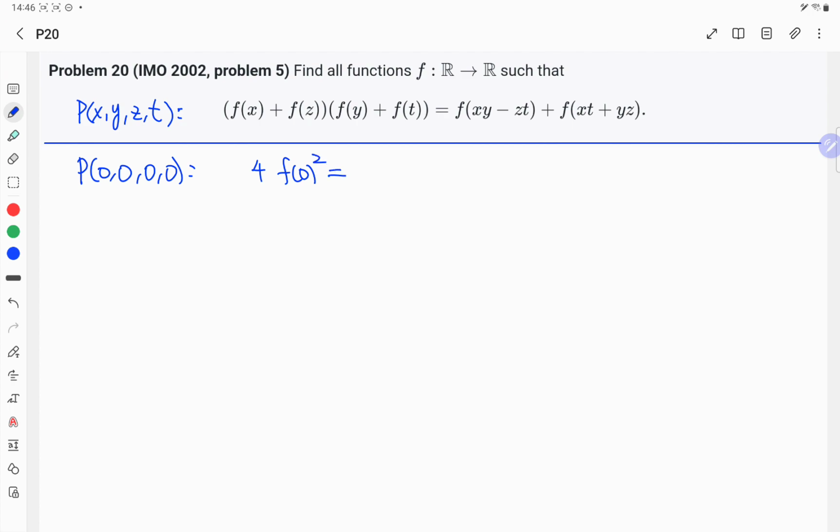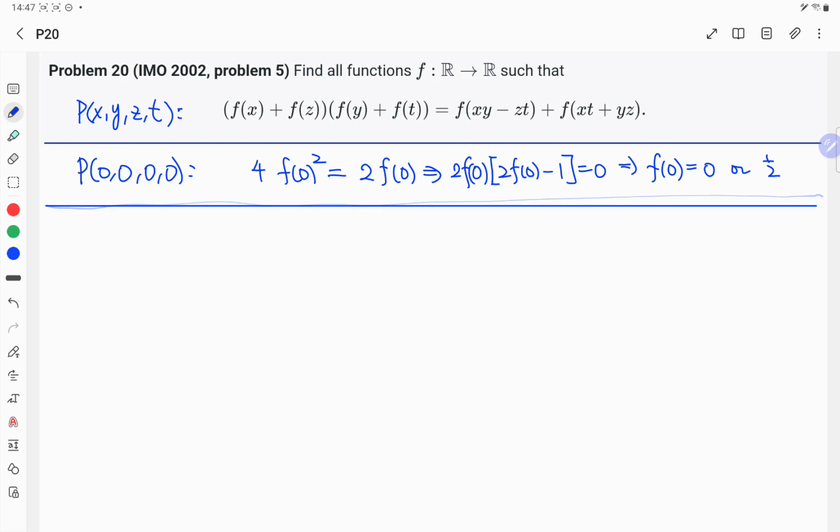And on the right side, it is f(0) plus f(0), so it is 2 times f(0). So it means that 2 f(0) times (2f(0) minus 1) equals 0, which means that f(0) equals 0 or 1/2. Okay, so that's great. And then it will separate into two cases.